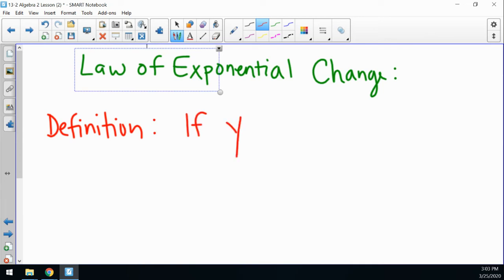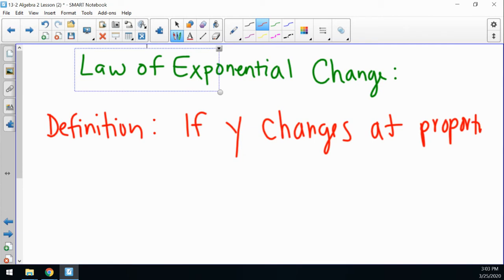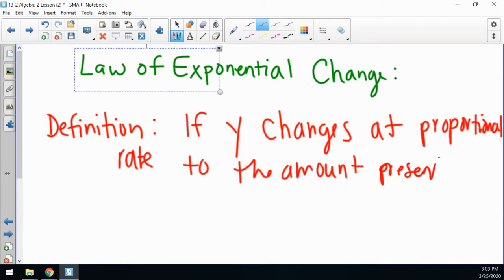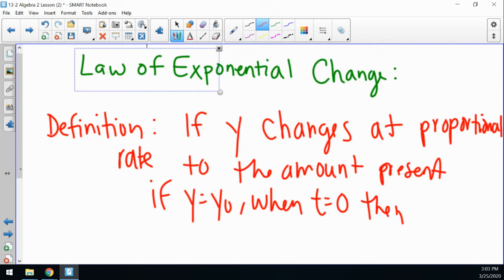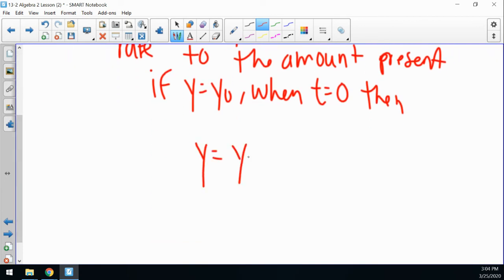If y changes at a proportional rate to the amount present, if y equals y0 when t equals 0, then you get this formula right here: y equals y0 e to the kt power.